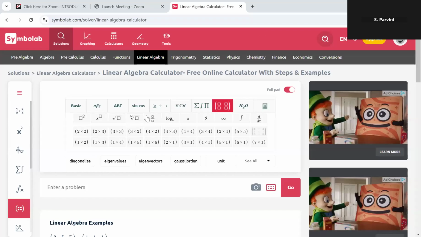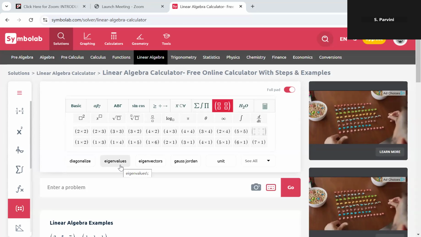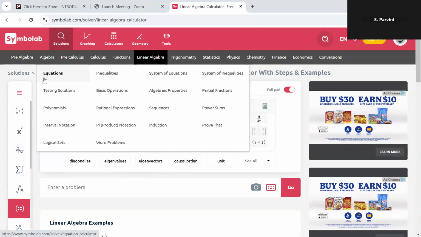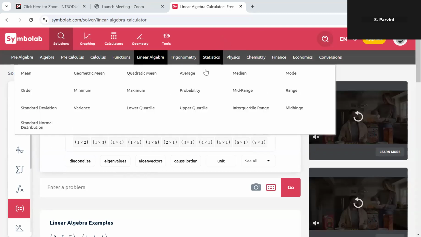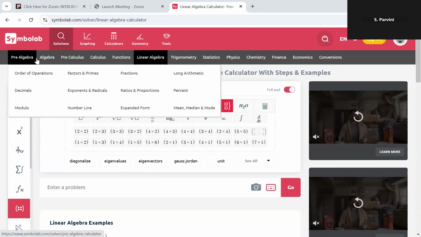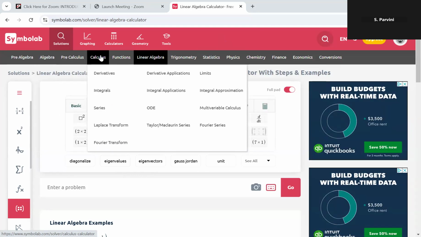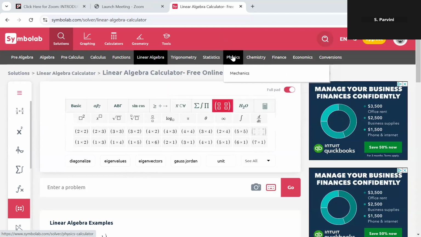Okay, so hopefully everyone can see this site called Symbolab. Everyone can see this one, okay? All right. Now, and this site, by the way, it helps you with your pre-algebra, algebra, pre-calculus, calculus, trigonometry, statistics, physics, chemistry, finance, economics.